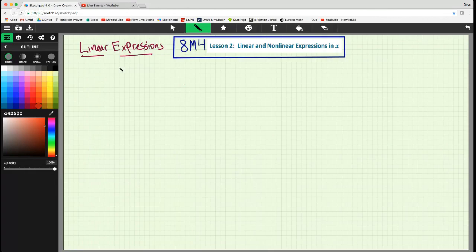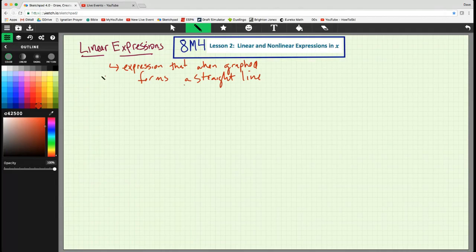A linear expression is an expression, well, let's just say it's an expression that when graphed forms a straight line. Okay, but we're not going to be doing any graphing in this lesson or seeing how this is true.